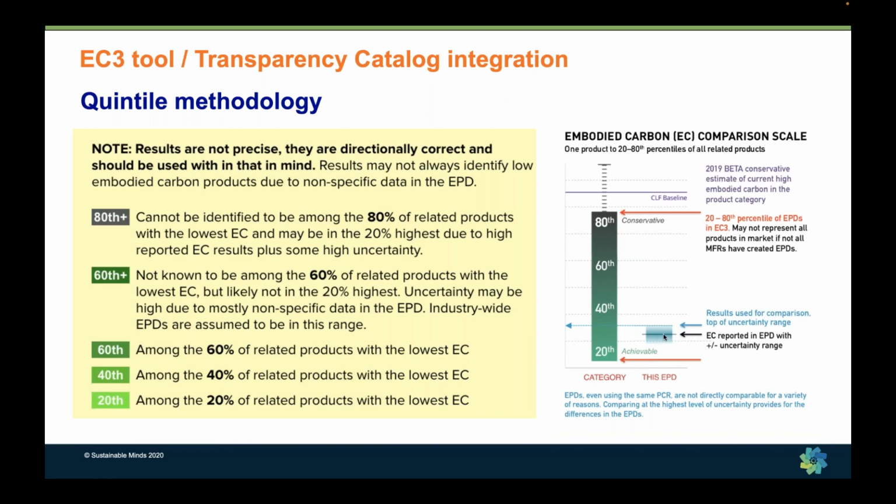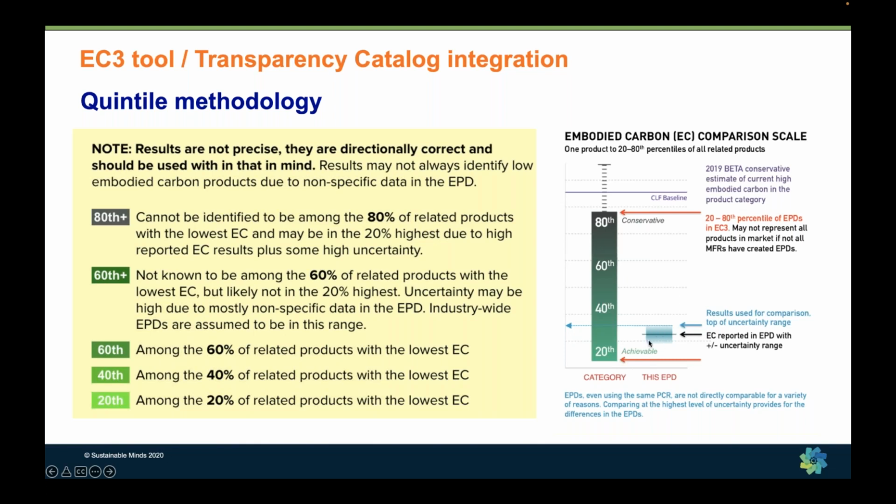In LCA parlance, that's the global warming impact category modules A1 through A3, which is the manufacturing, so raw material acquisition and manufacturing. They take that reported number from all the EPDs in a category that they have, and they calculate a reported range of results.